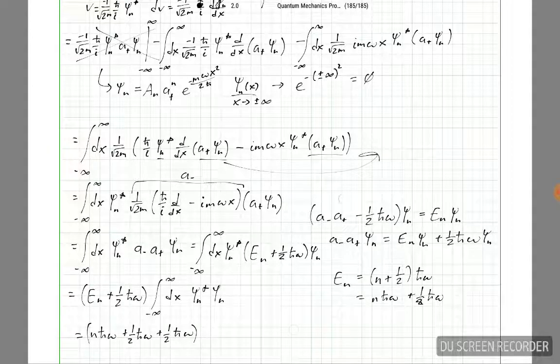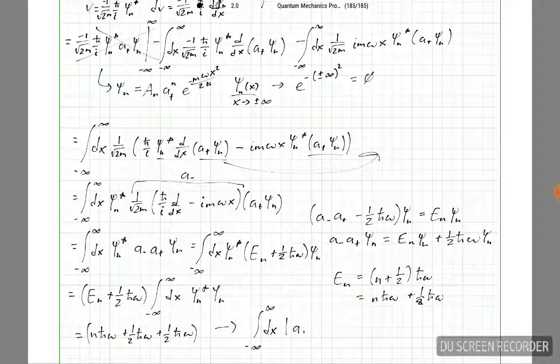So there's our answer right there for the first part. We showed that if we did the raising operator times psi n, absolute value of that squared, that equals n h bar omega plus 1/2 h bar omega plus 1/2 h bar omega. So that's n plus 1 h bar omega.